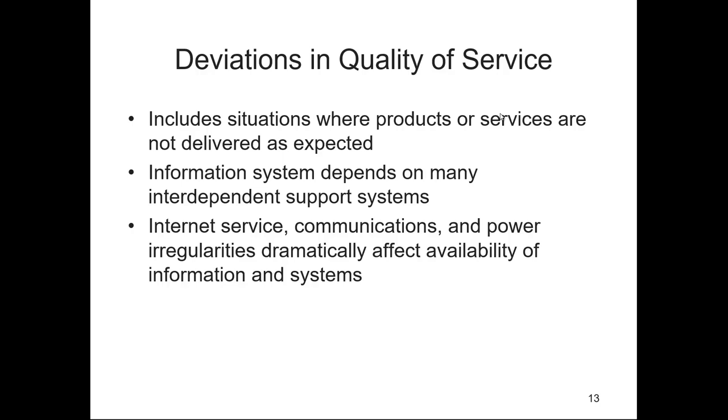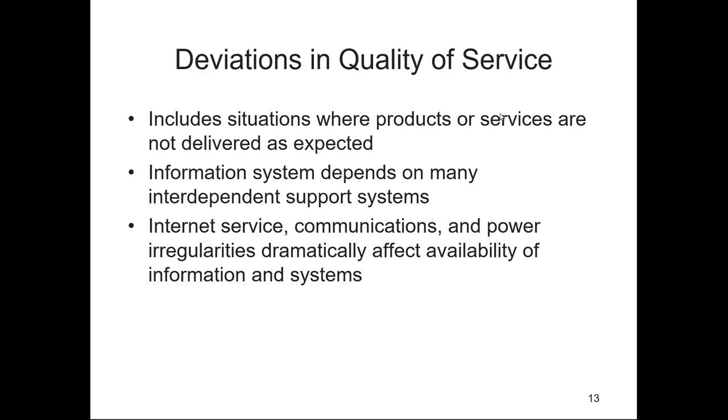This category represents situations in which the organization's information system depends on the successful operation of many independent support systems, including power grids, telecom networks, parts suppliers, service vendors, and even the janitorial staff and garbage haulers.